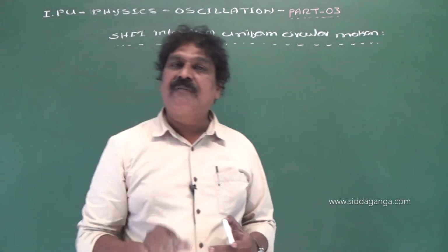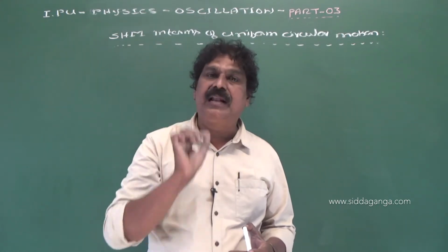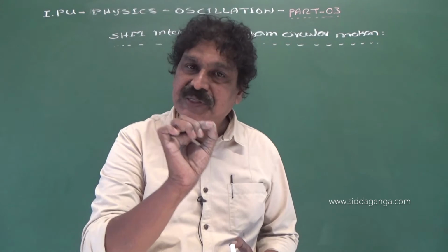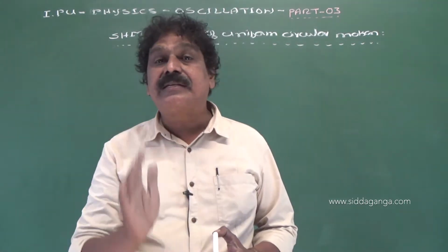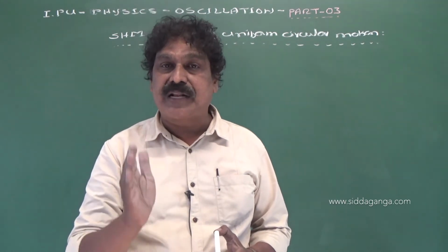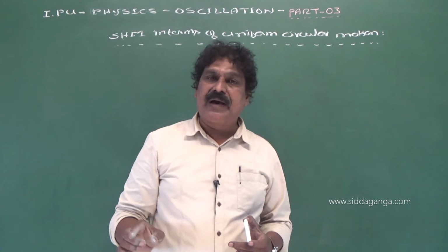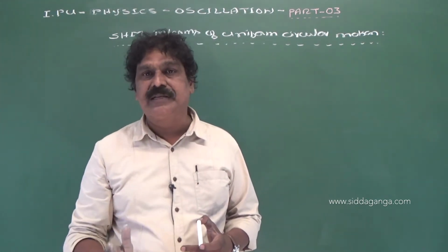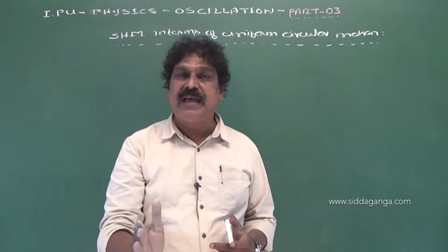Now, the motion of a particle along a circular path with constant speed or uniform speed is called uniform circular motion. In uniform circular motion, a particle is moving along a circular path of constant radius without changing the speed. The speed remains the same.